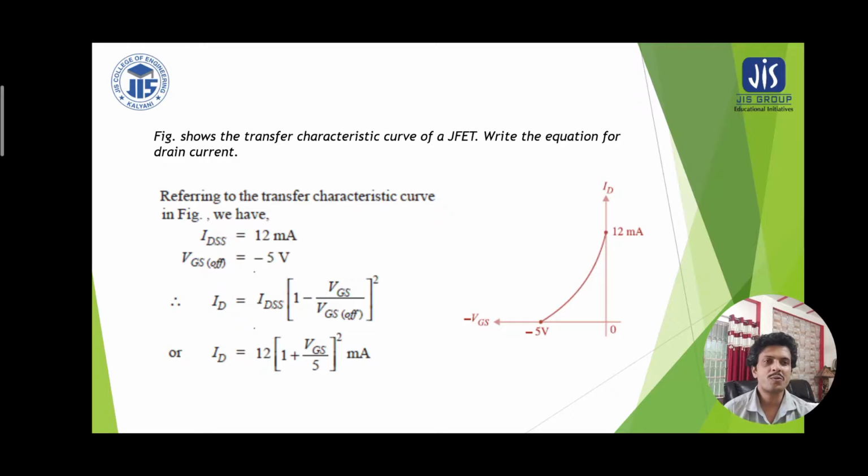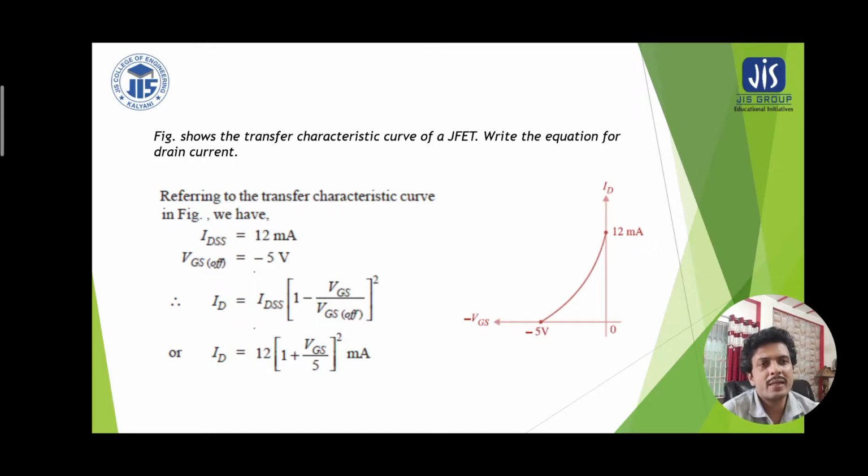So when the gate to source voltage reaches the pinch off voltage, at that time the channel is fully occupied by the depletion region, and therefore the majority charge carrier will not be able to flow through the channel. So from this characteristics we have IDSS equal to 12 milliampere, VGS off equal to minus 5 volt.